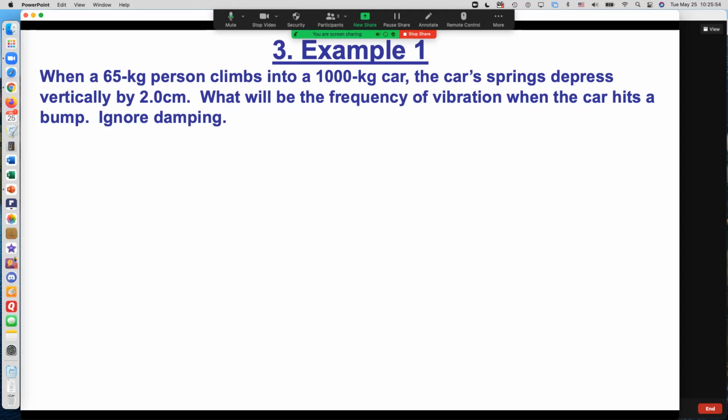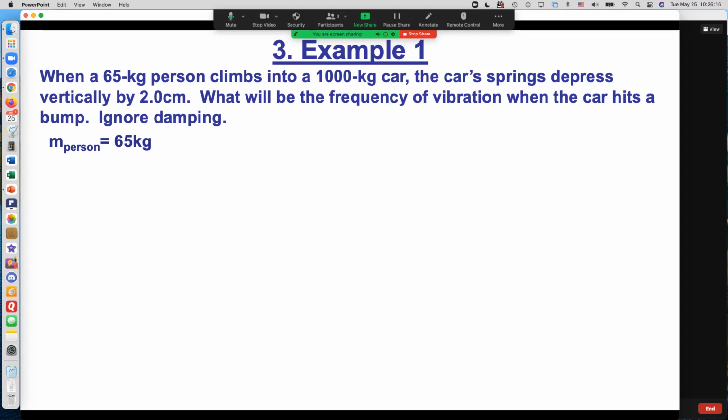We make a definition of simple harmonic motion, which I gave you at the beginning of the presentation, and if friction is in there, it doesn't meet that definition. But the majority of the motion is described by simple harmonic motion.